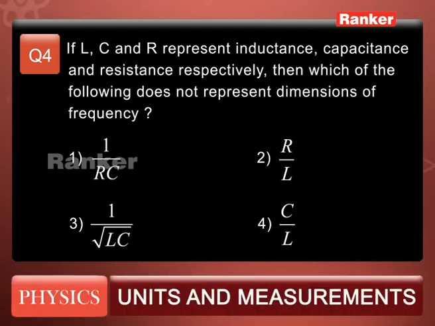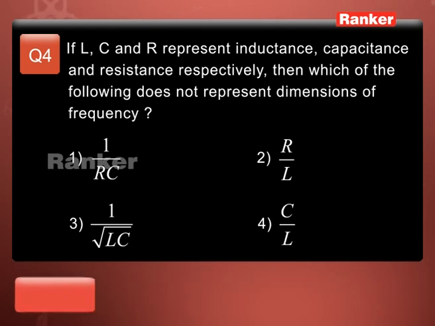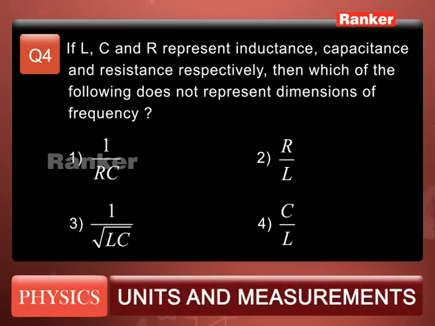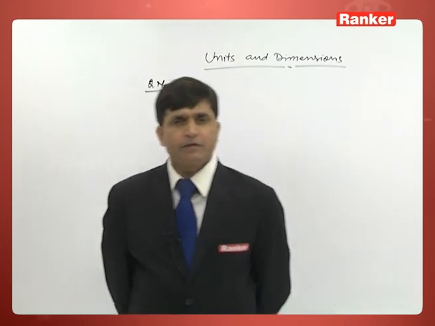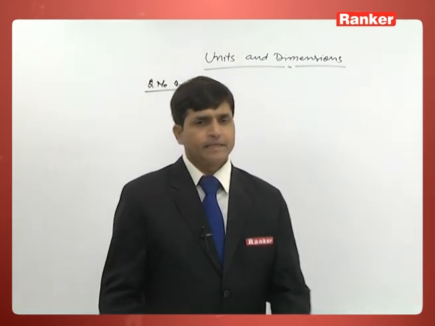The first option is 1 by RC, second option is R by L, third option is 1 by root over LC, and the fourth option is C by L. So one by one we would like to check all the options here.